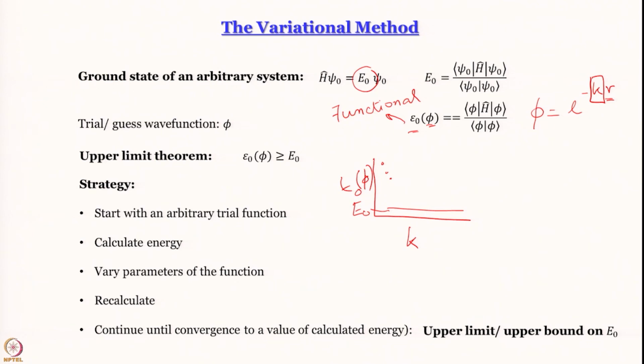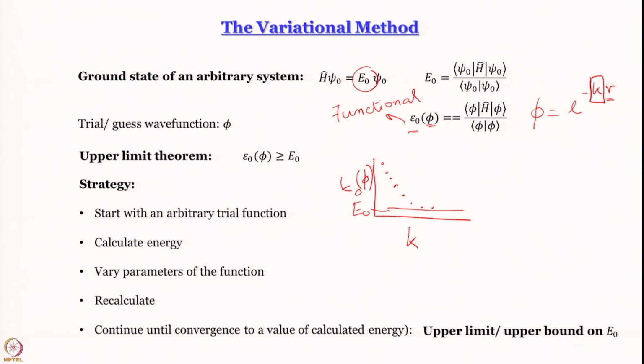So, from 100 what I will do is in the next step I am going to change to say 101 and then let us say I see it goes down. That means I am going in the right direction. Change to 102, let us say it goes down, right direction. 103, 4, 5. Let us say I go from 105 to 106 and the value of epsilon 0 does not change.